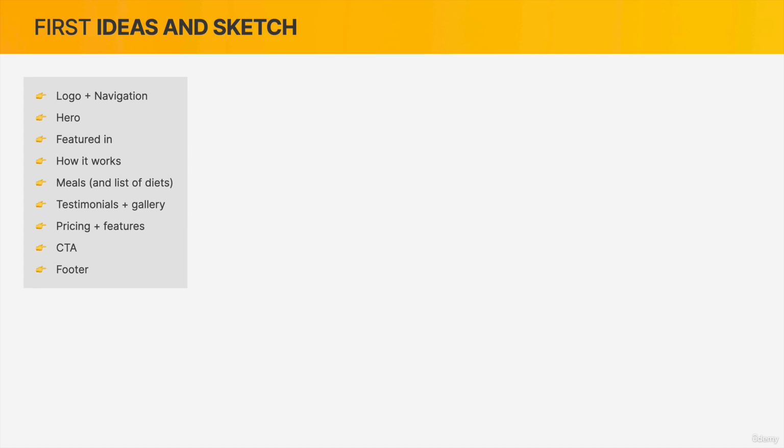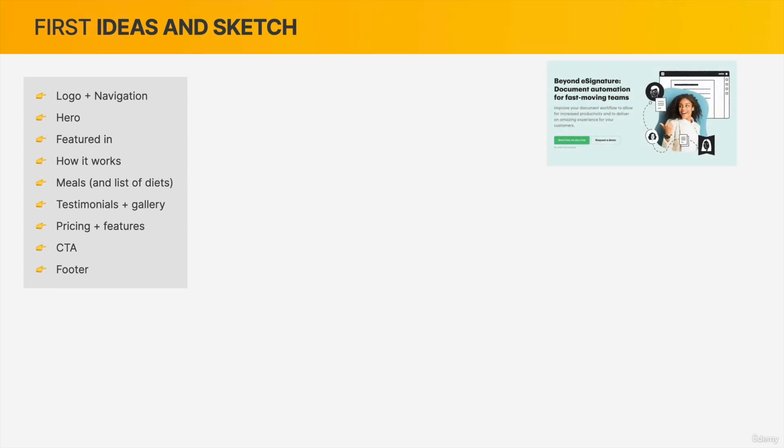But anyway, here we have an outline of the sections that we arrived at in the last lecture. Remember that? And so now let's, for a few of them here, think about some of the components that we might need. And so the logo and navigation we will not worry about at this point, but let's think about the hero section. So I was thinking of using a hero like this.